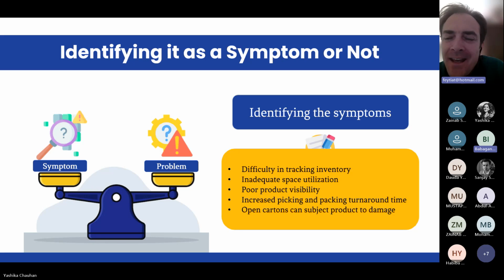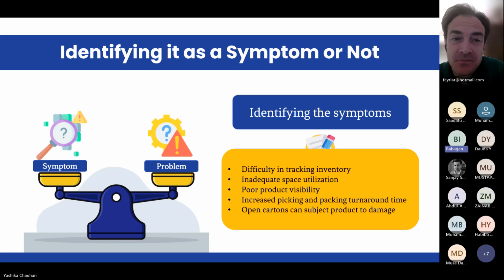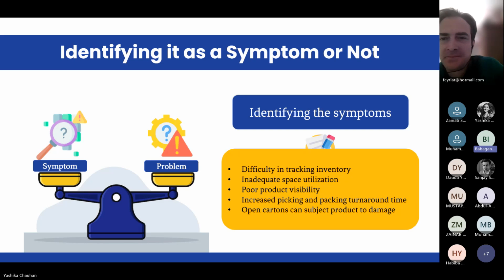Based on that, the picking and packing time will also be affected. You can see there is a carton that is open, which is a potential risk to the product.